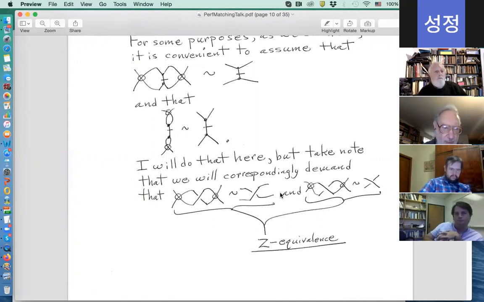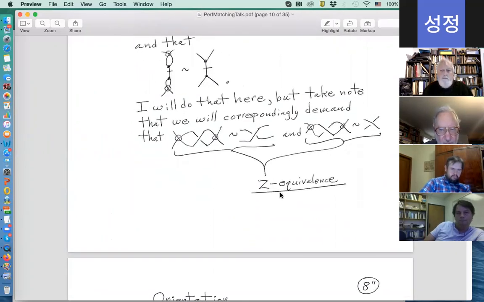I won't take you through all the reasoning why in the unoriented case I want this, but I do. And that's all right for evaluating the bracket. If you want to pull back and forth other invariants that are not invariant under the Z move, then you need to take orientations more closely into account. But in my account here, I'm going to work in the Z equivalence version and the unoriented graph version.